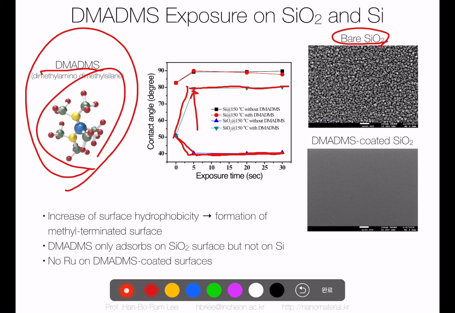So bare silicon oxide has many hydroxyl groups here, but the DMS-deactivated surface has no hydroxyl groups. We can easily obtain selective growth using the precursor inhibitor.